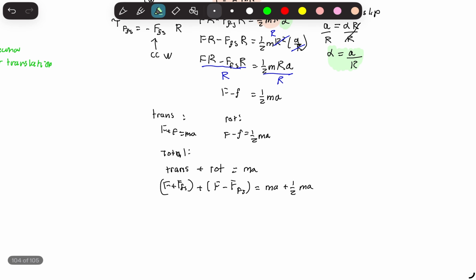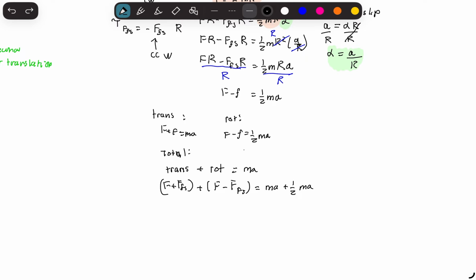Here you can rearrange this to solve for a, if you divide by m and multiply by 2 over m. Actually, not from there, that would not be a good point to just get a.